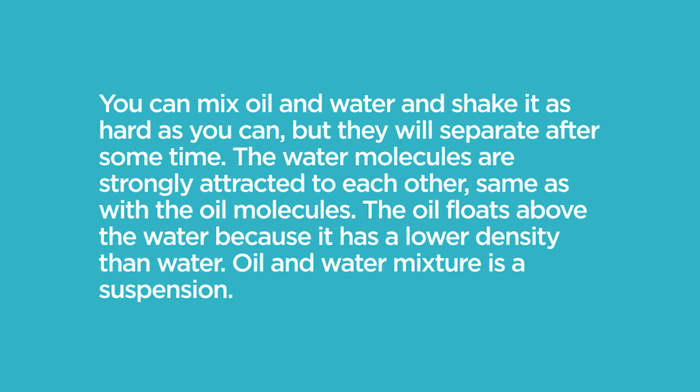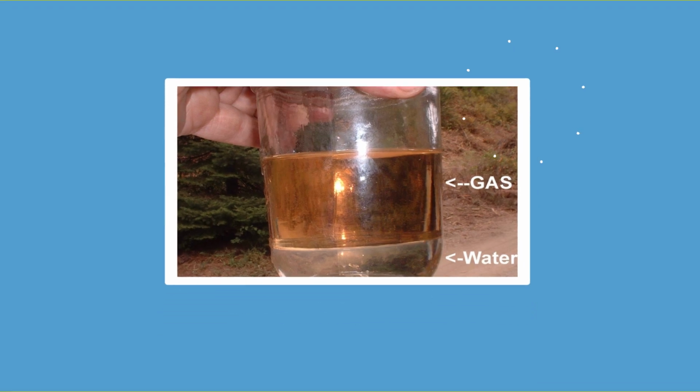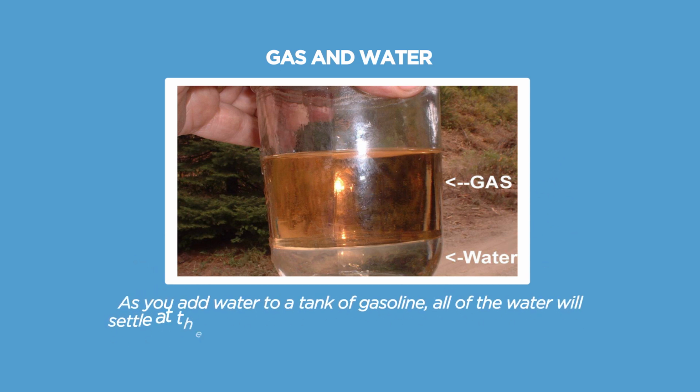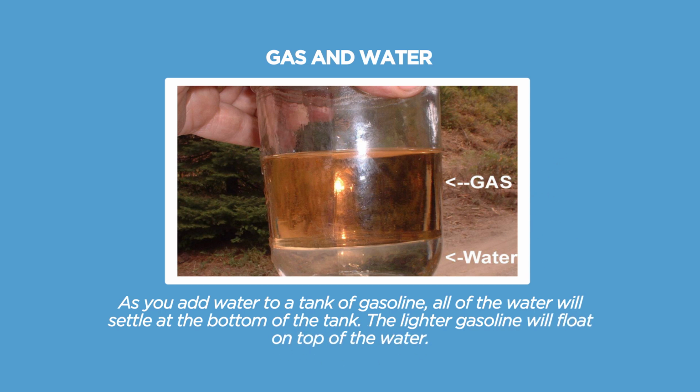Oil and water mixture is a suspension. You get the same effect as you would when you mix gas and water. As you add water to a tank of gasoline, all of the water will settle at the bottom of the tank. The lighter gasoline will float on top of the water.